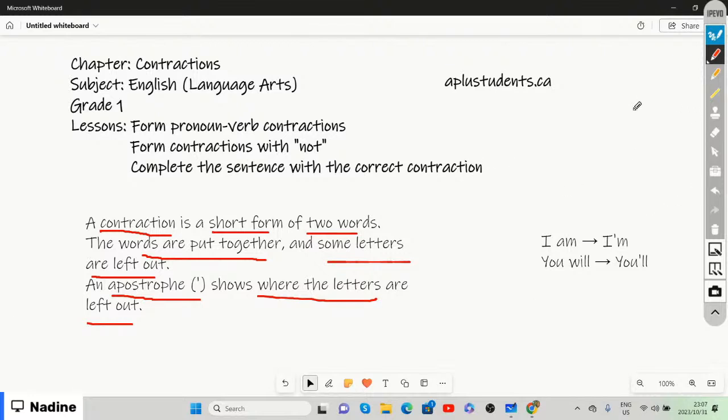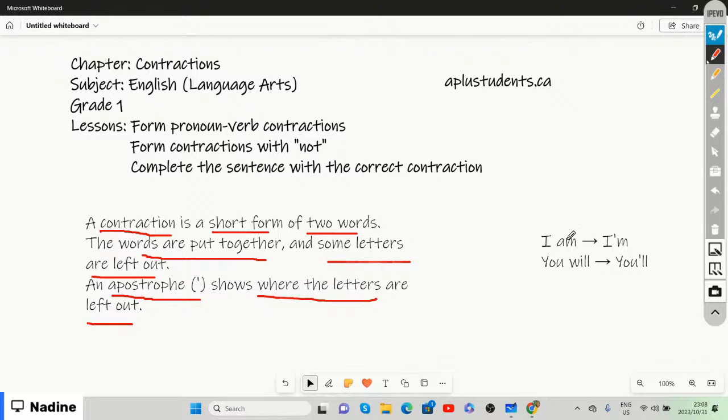So we see the contraction is a short form of two words. And the words that we basically put together, there's either one or two letters that we leave out, right? And those letters that we leave out, we then put an apostrophe in its place to show where those letters were left out.